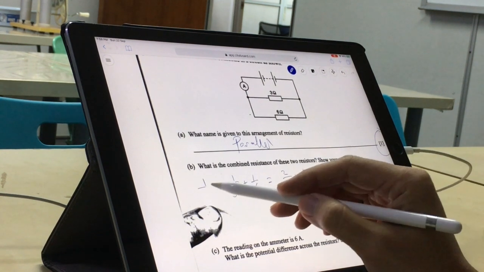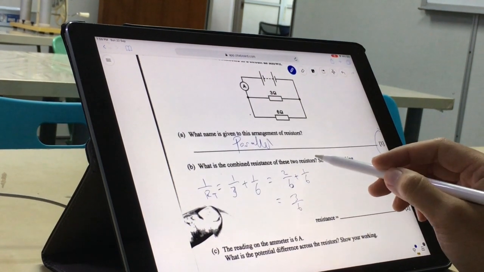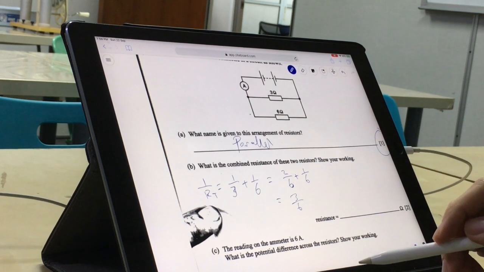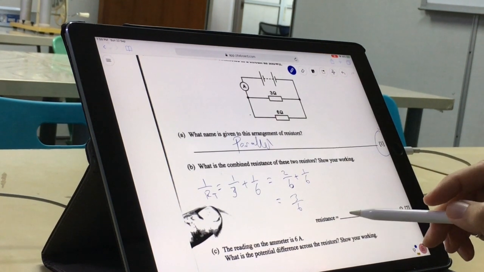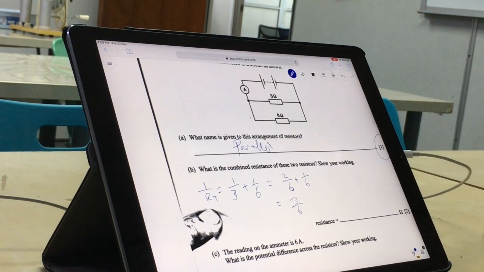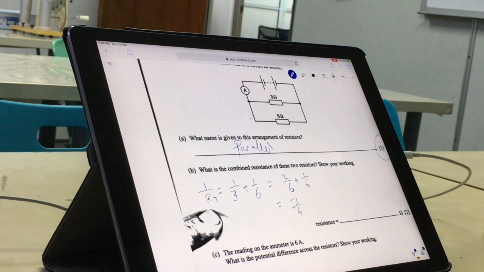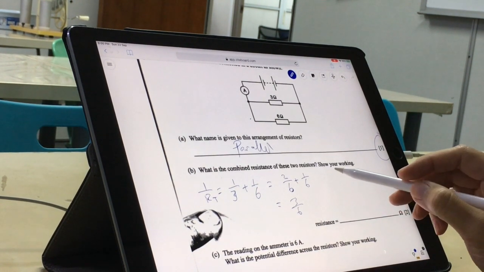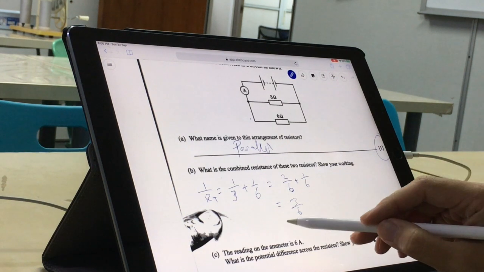Now this is 1 over RT. So is this the final answer? Is this the final answer, 3 over 6? No. What should be the final answer? 1 divided by 3/6. Okay, so what do I get? What's the final answer?